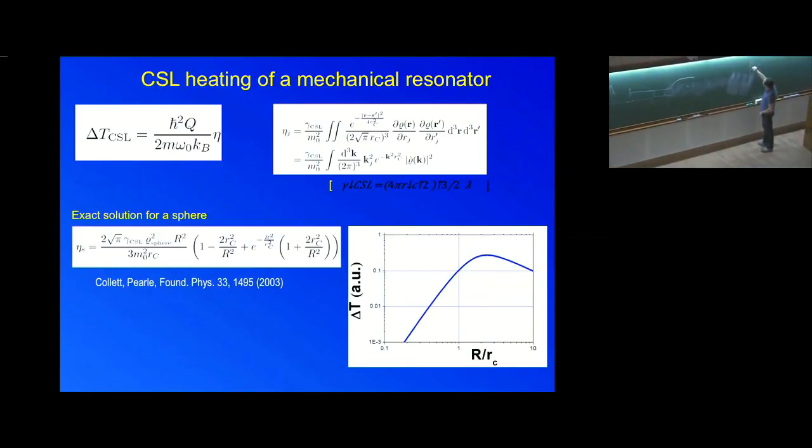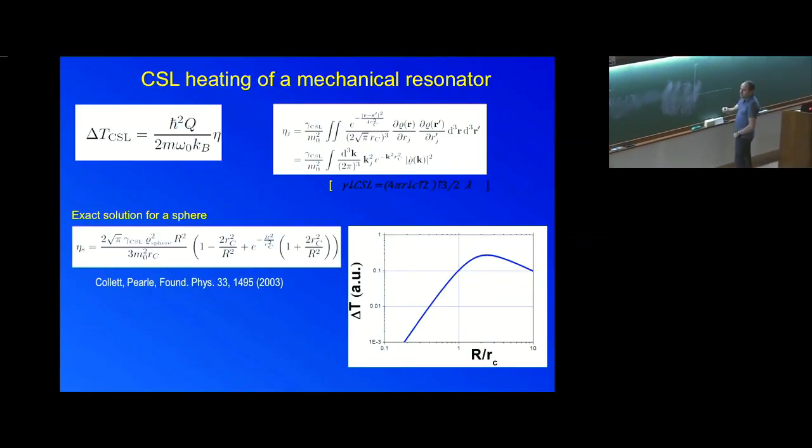You do one experiment, and then, assuming that this is CSL, you have this kind of curve. Then you change your experiment, you change the parameters, and you could get something like this, because it changes the size of the particle.